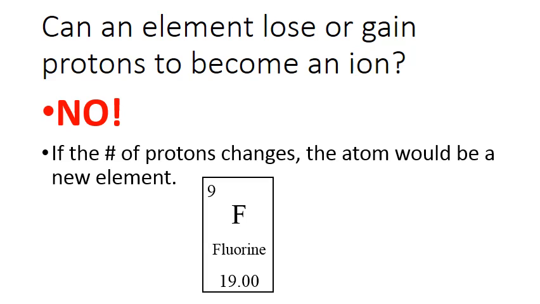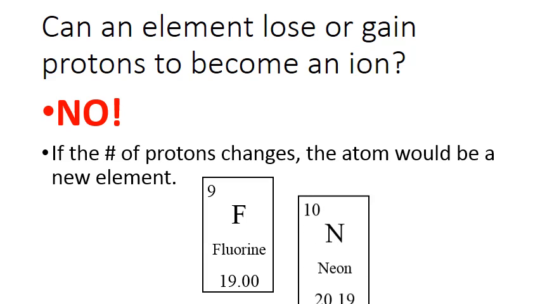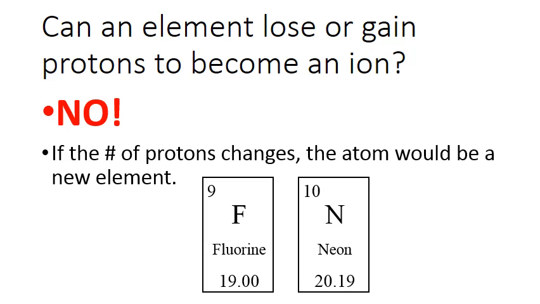If we added a proton to that, it becomes neon. It's a totally different element. Remember that elements are defined by the number of protons in their nucleus, so you can't change that. It doesn't make them an ion if you change the number of protons. And really, you don't change the number of protons in an atom.